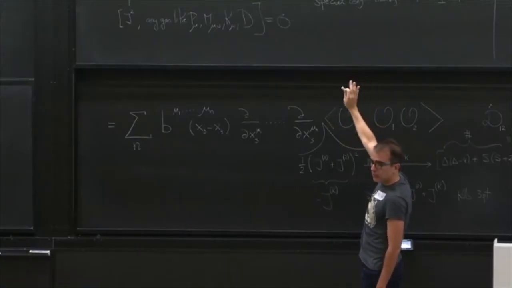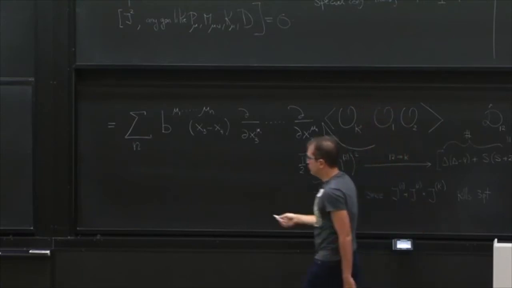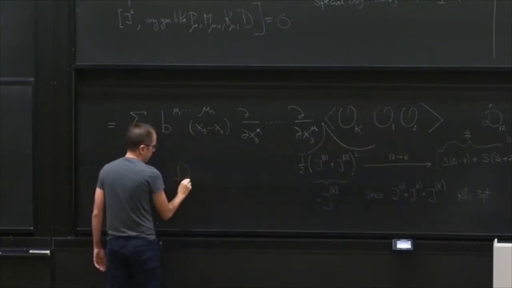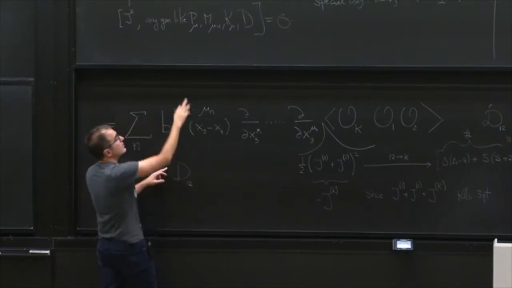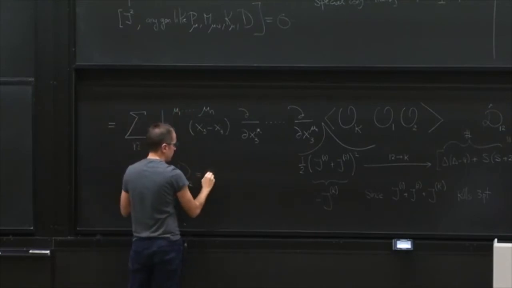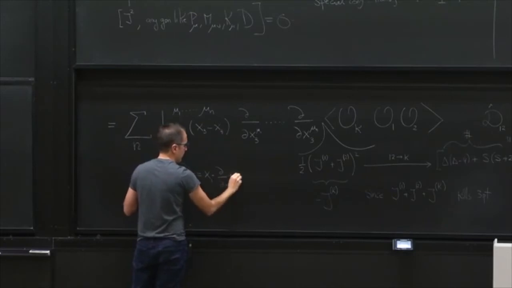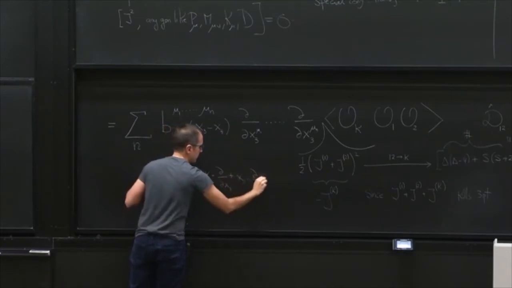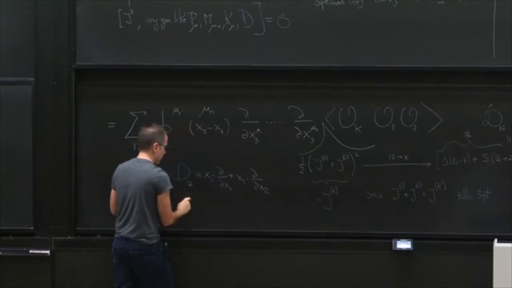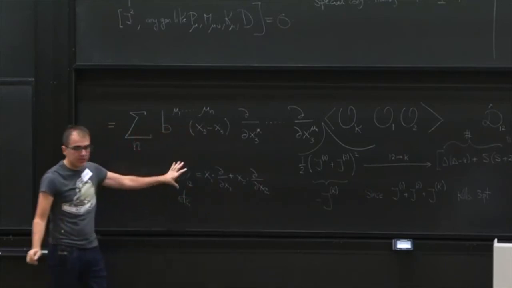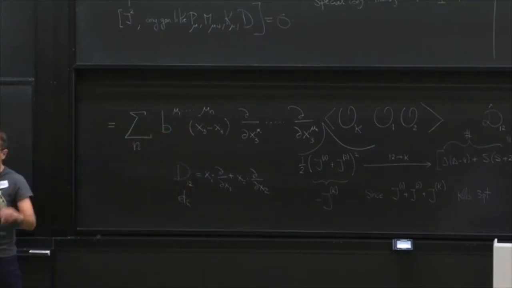So you just act with this differential operator, to be very explicit. For example, the straight d is something like x1 dot d/dx1 plus x2 dot d/dx2, etc. So you just have some simple differential operators that act on locations.